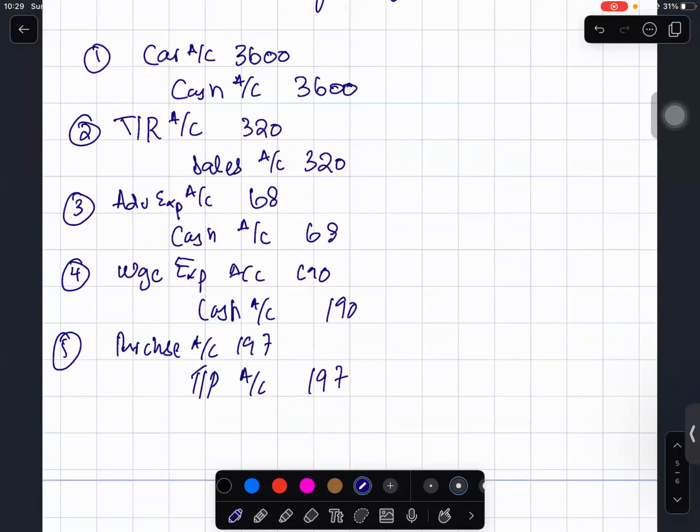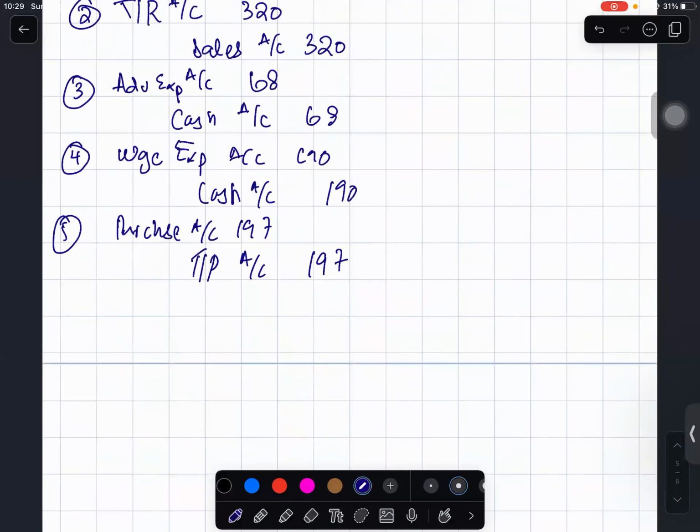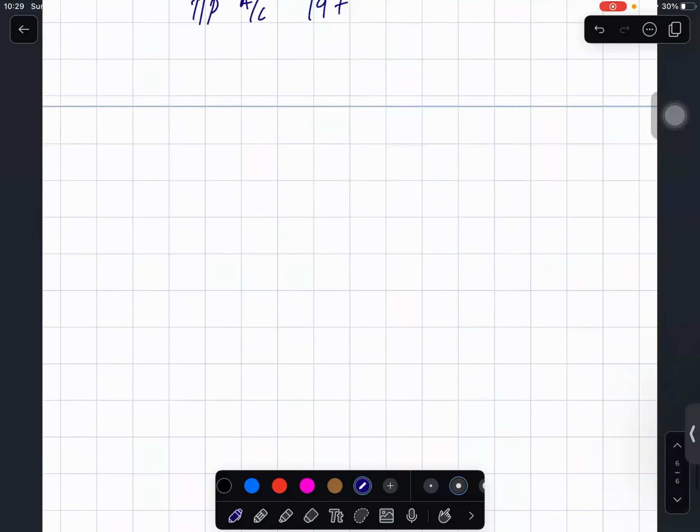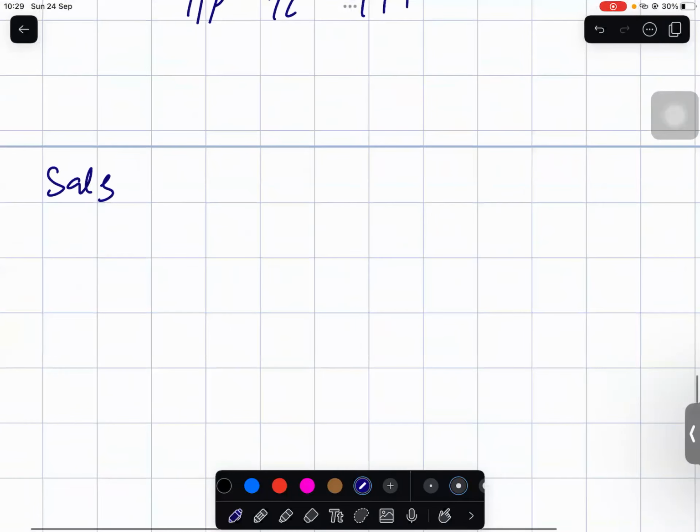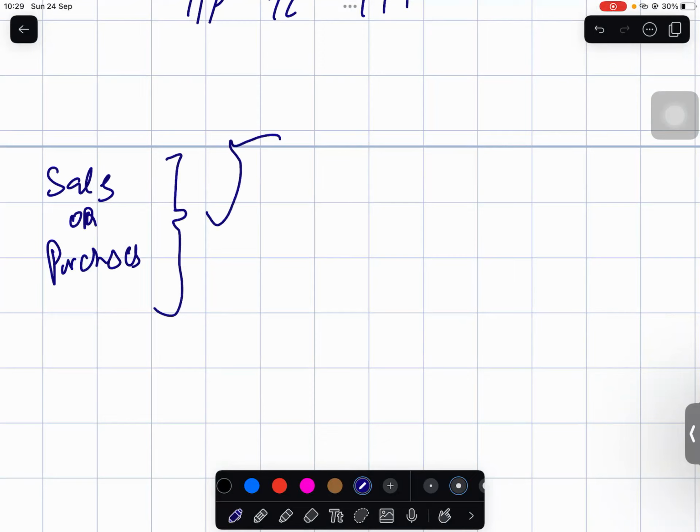Now, one other thing to remember. Whenever you are doing sales or purchases, there can be three things which can happen. You can either be told that they're on cash, in which case the other account would always be the cash account, or you can be told that they were on credit, like in our above examples. Or the third one is that a name could be given to you, for example, Mr. Brown.